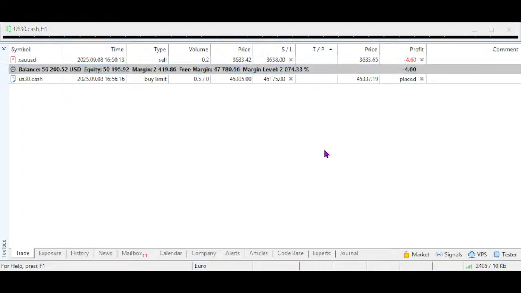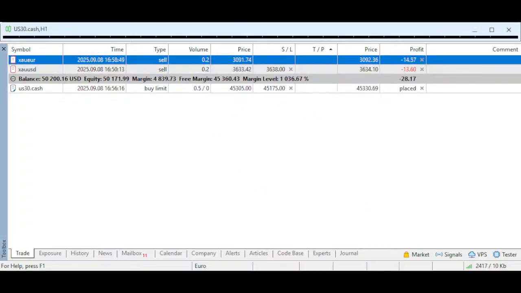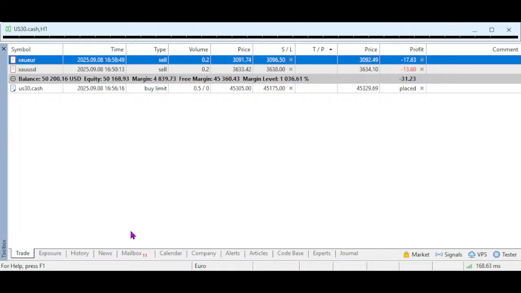I go for gold euro, low volume, sell. Sell at market. Then the stop, I'll put it at 96.5. About $5 is the risk. So let's see, and we have 1 more minute left.